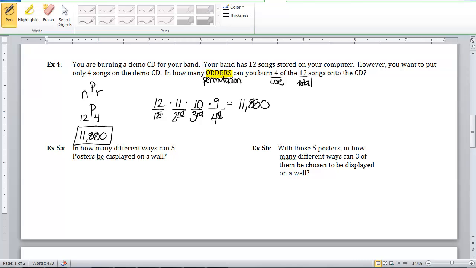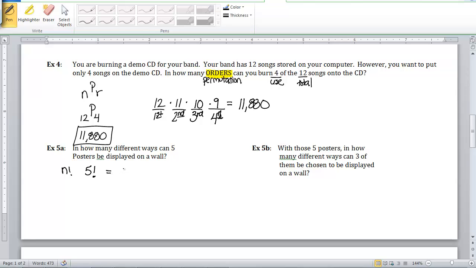Let's now look at example 5. How many different ways could 5 posters be displayed on a wall? Now this is a permutation of all 5 objects, and it's how many different ways. So the order is going to be important in how I put those 5 posters on the wall. That tells me that this is 5 factorial, n factorial.